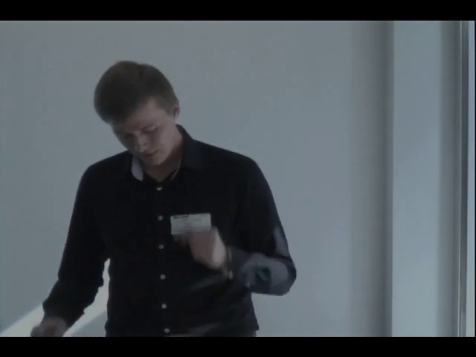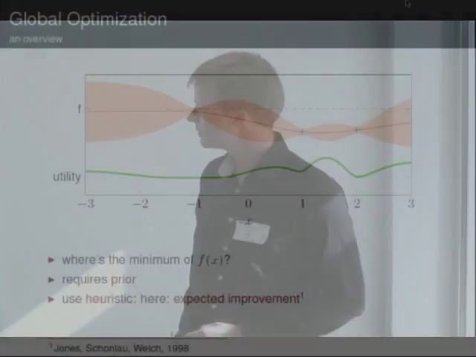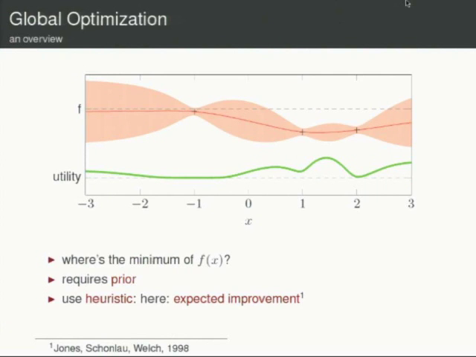Yes, last question. This is just a small question. Did you actually tell us what expected improvement is? Okay. So I did that in the very first slide. It's the expected distance or difference between your best guess so far and the evaluation at the next point. So where is that initial slide? Here. What this says is this is your current best guess. That cross is the best number you have so far.